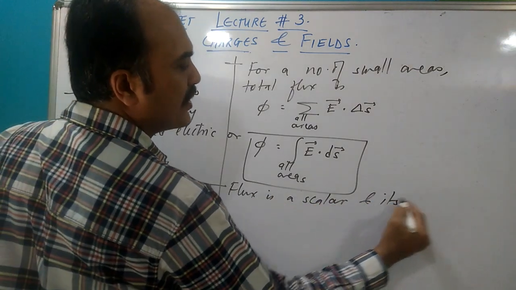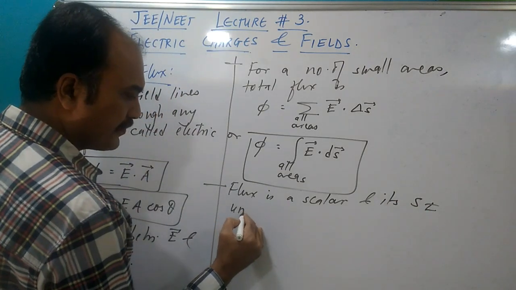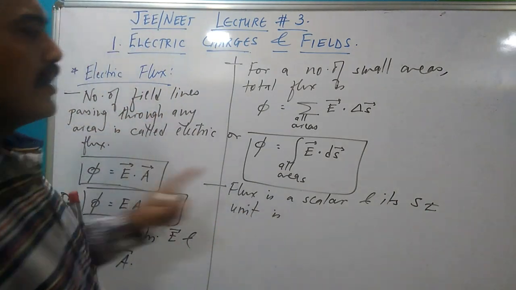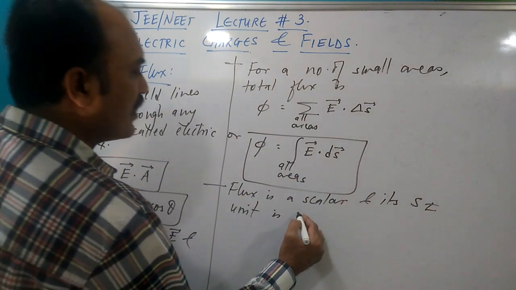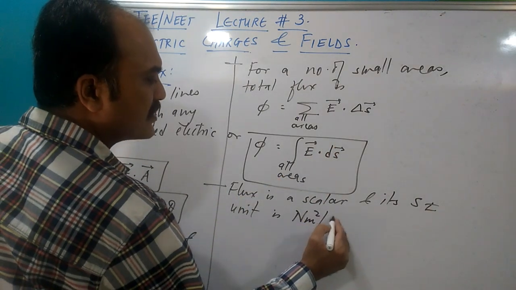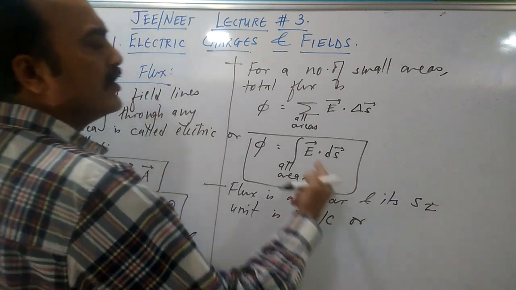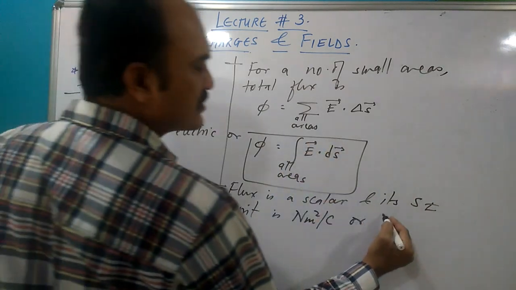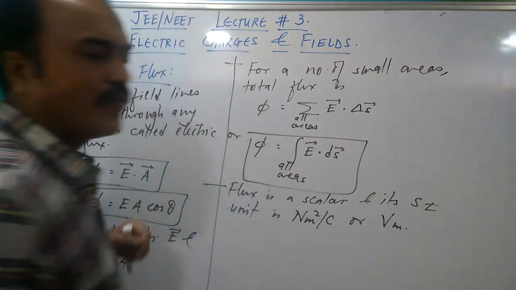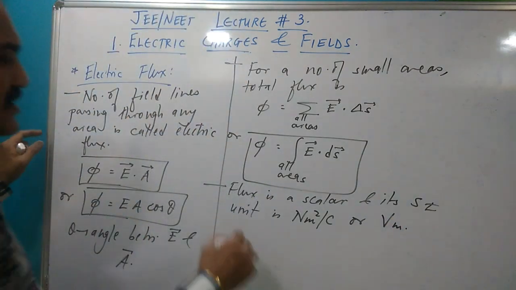and its SI unit is, electric field is Newton per Coulomb, area is meter square, so Newton meter square per Coulomb, or electric field is also volt per meter. Volt per meter into meter square is volt meter. Remember this.